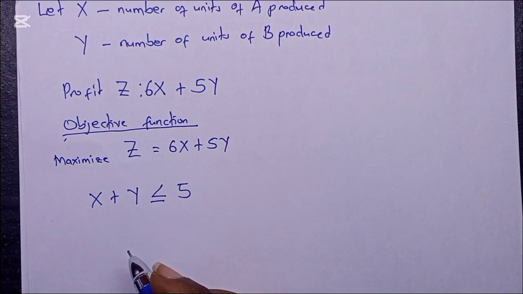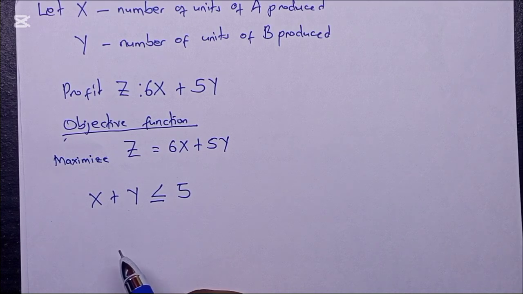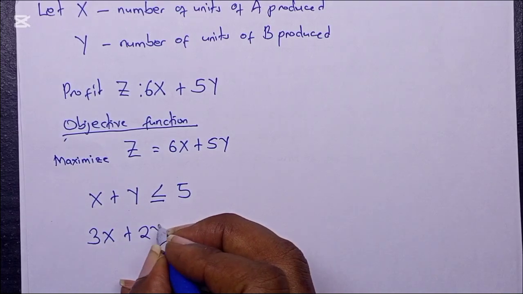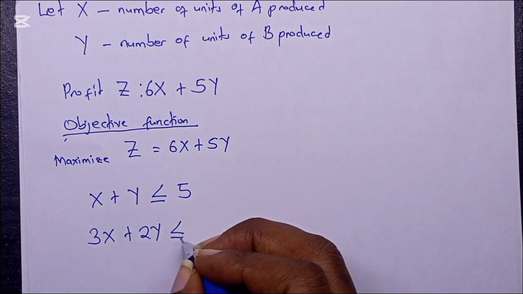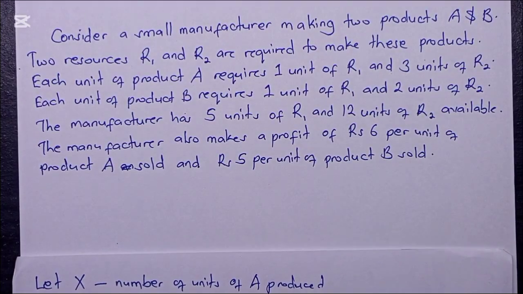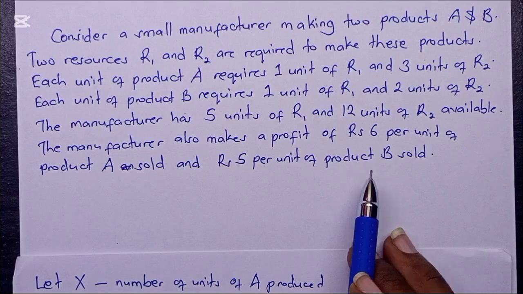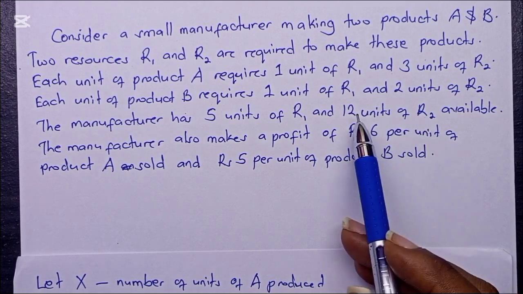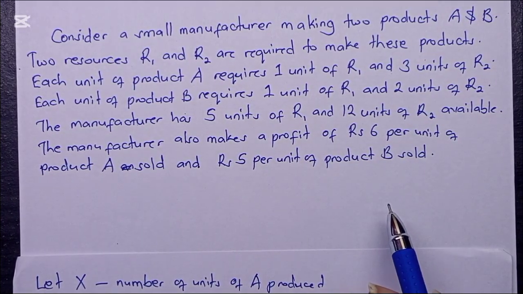Similarly, 1 unit of A requires 3 units of R2 and 1 unit of B requires 2 units of R2. So the requirement for x units of A and y units of B is given by 3x plus 2y, which should be less than or equal to 12, since we were told the total for resource 2 available is 12 units.